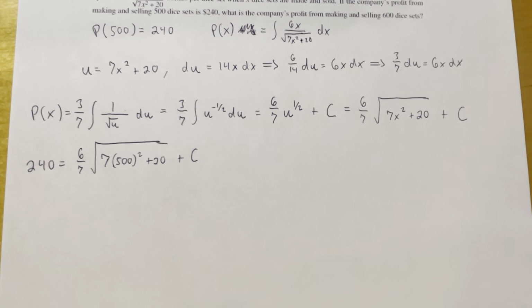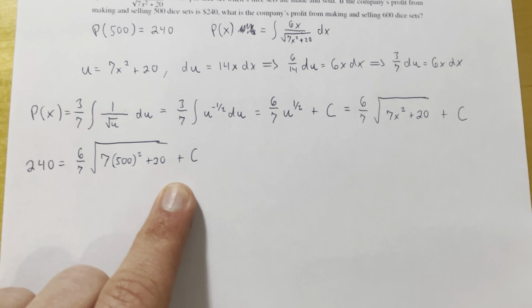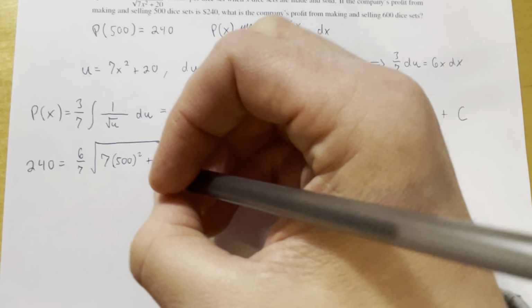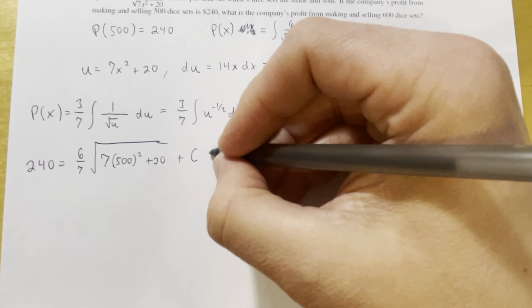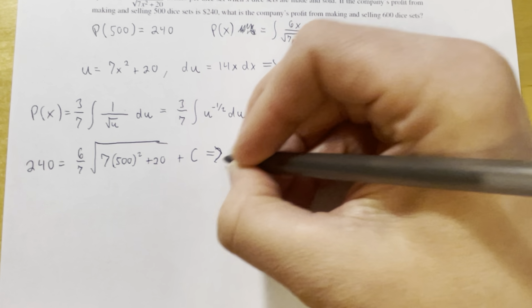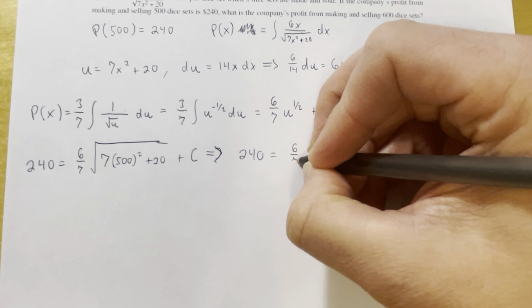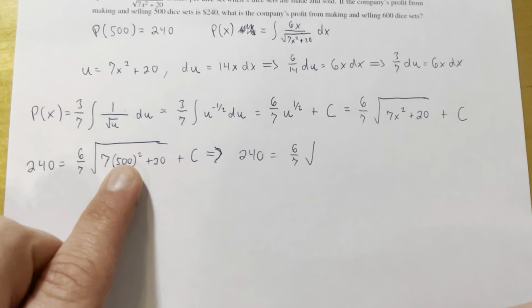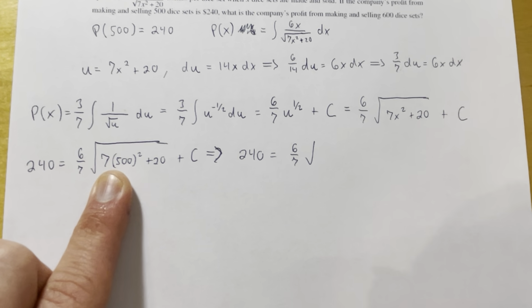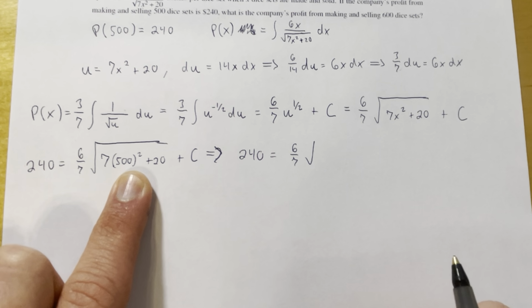Okay, I seem to have lost the part of my notes where I solve for c here, so I'm going to try and do this manually. Let's see how far we get. So this means that 240 is equal to 6/7 times the square root. Now 500 squared, 5 squared is 25, and then I'm going to have 4 zeros after that.